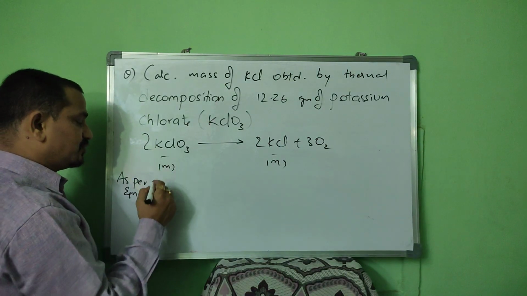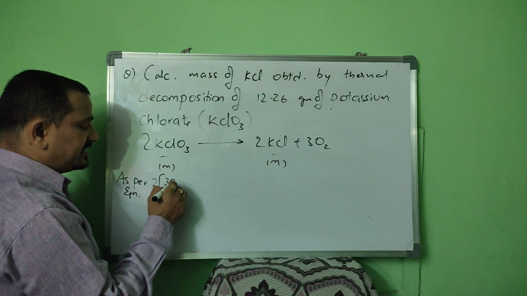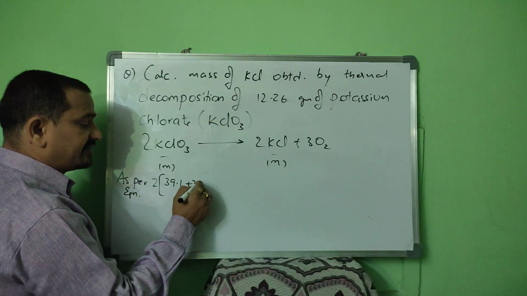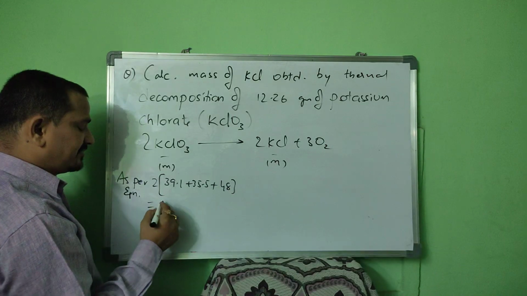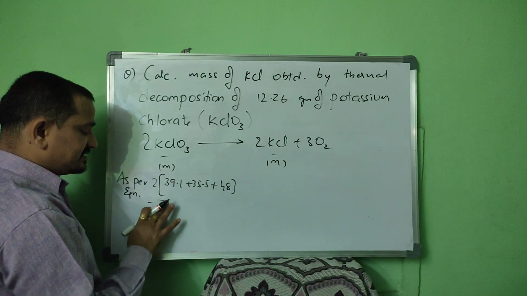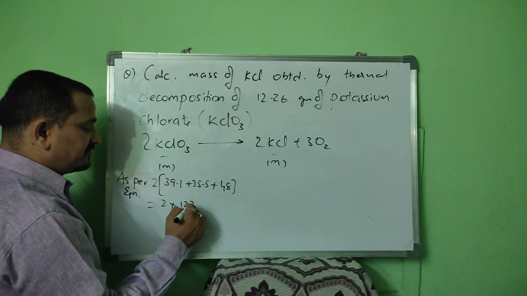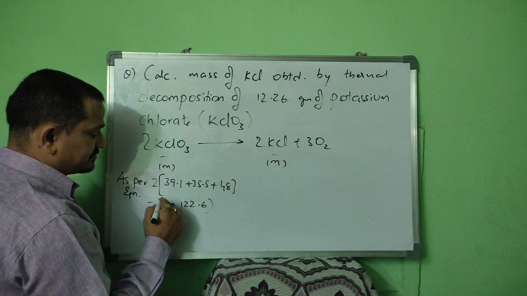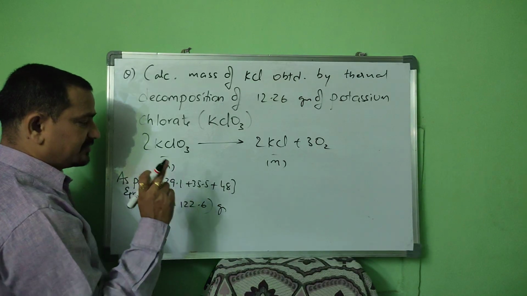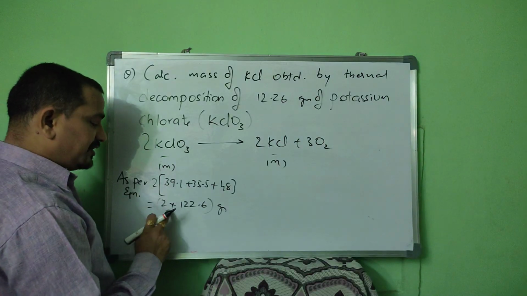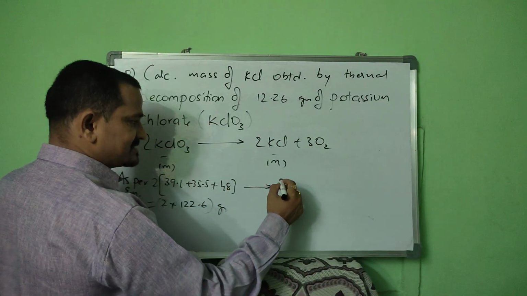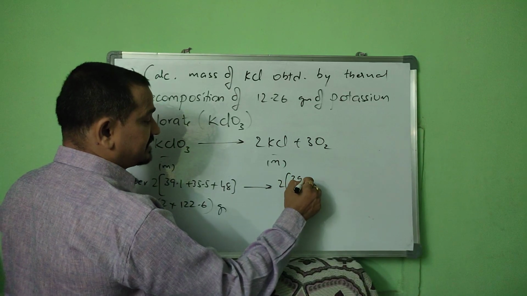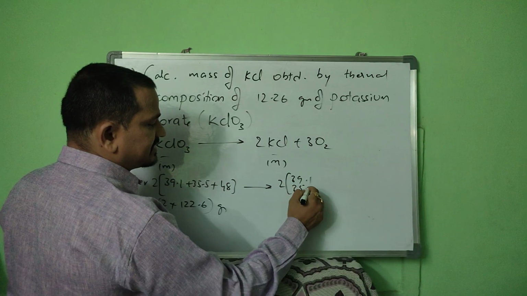What is the mass of 2 moles? 2 into 39.1 plus 35.5 plus 48, 16 into 3 is 48. If you sum it up, it is 2 into 122.6 grams. 2 into 122.6 grams is giving 2 into potassium 39.1 and chlorine 35.5.